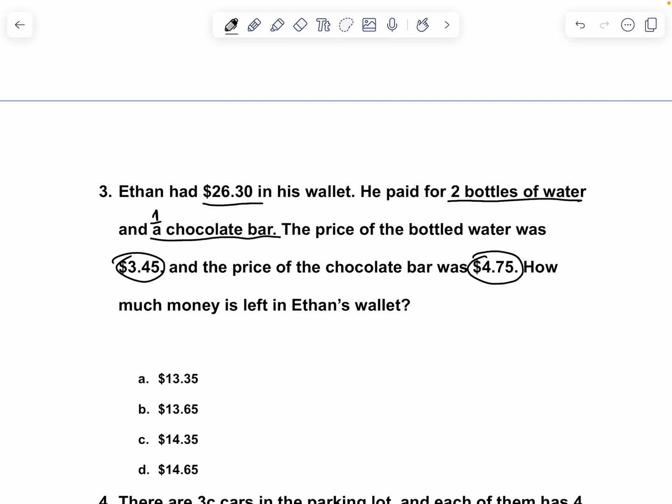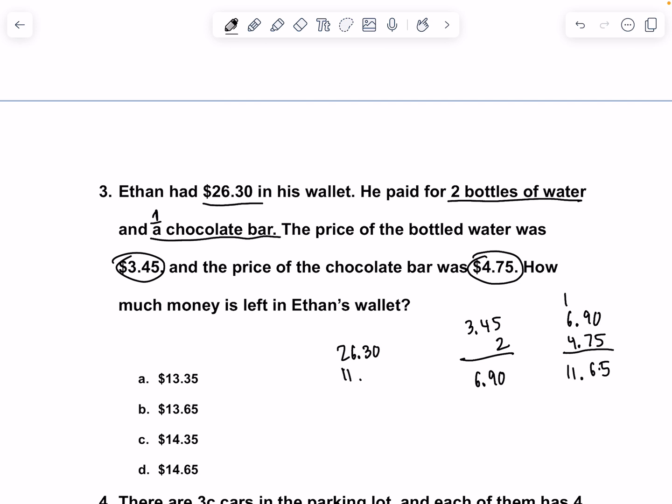So if he bought 2 bottles of water and 1 bottle of water is $3.45, it would be $3.45 times 2, which is $6.90. And then he only bought 1 chocolate bar, so we would first add $6.90 and $4.75. So we would get $11.65, and then we will subtract that from $26.30.